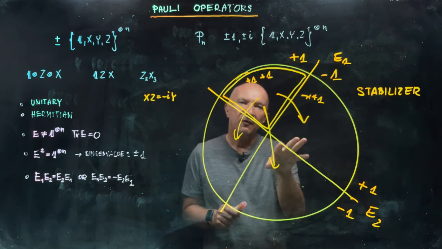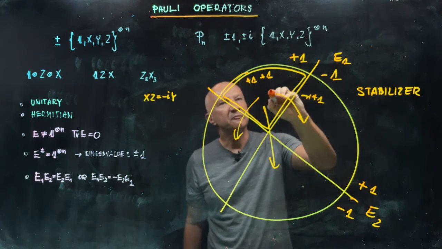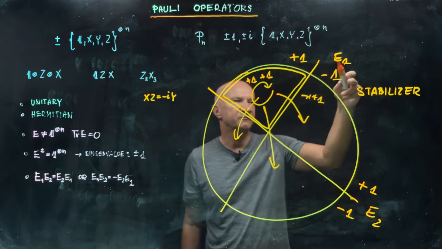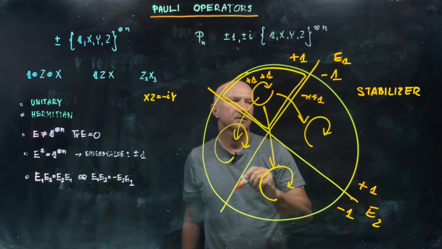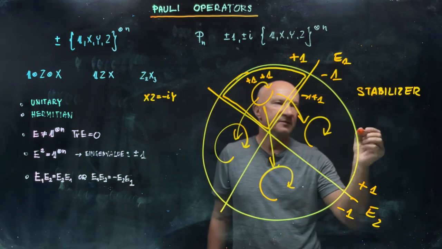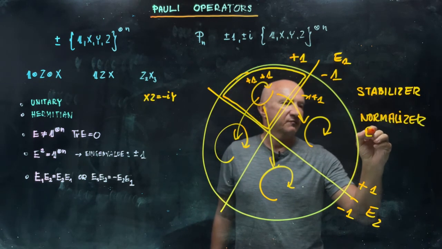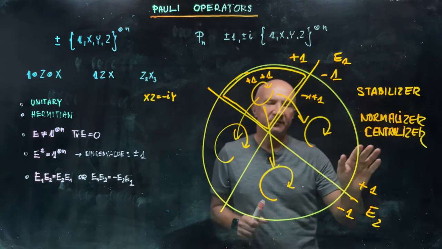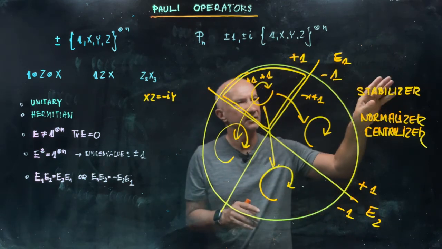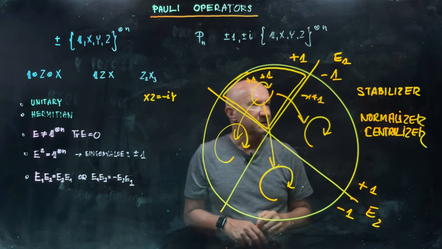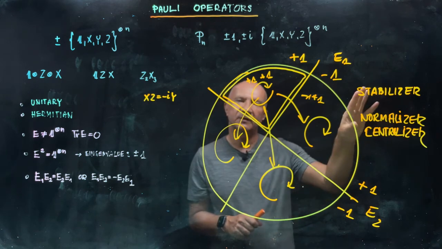And there will also be Pauli operators that describe not movement between the subspaces, but movement within the subspaces. This is defined by the stabilizer. Those operators will form another group that we'll be interested in. It's called a normalizer, or in this case, it will be equivalent to something called the centralizer. As it happens in this particular case, the two are the same, even though they're two different mathematical concepts. So never mind, I'm just using some term dropping, but I will explain what it means in a moment.